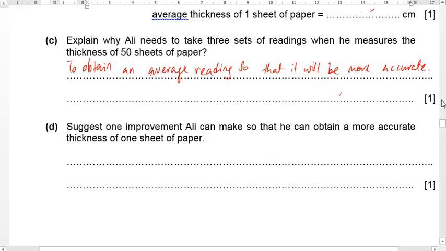Simple. What do you think? More than 3 times, is it? So she measured it 3 times. So Simon is saying, take more than 3 readings lah. Yes, you can do that. Any other way, Owen? Any other way?